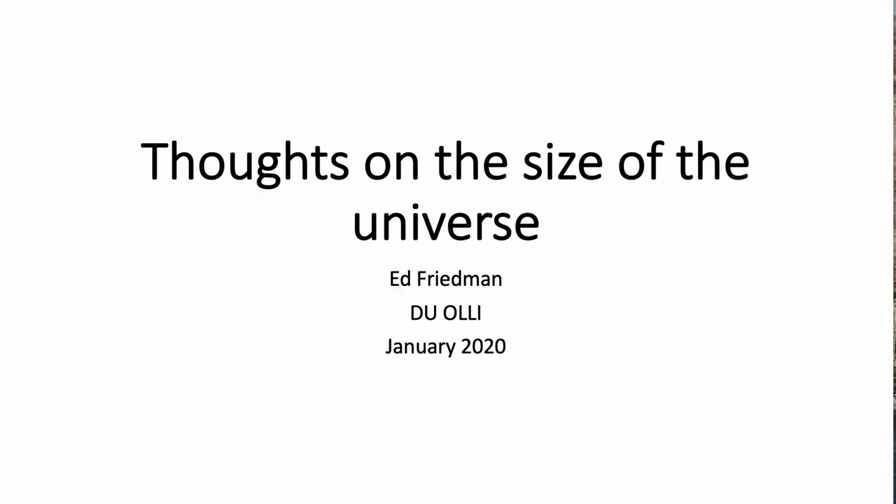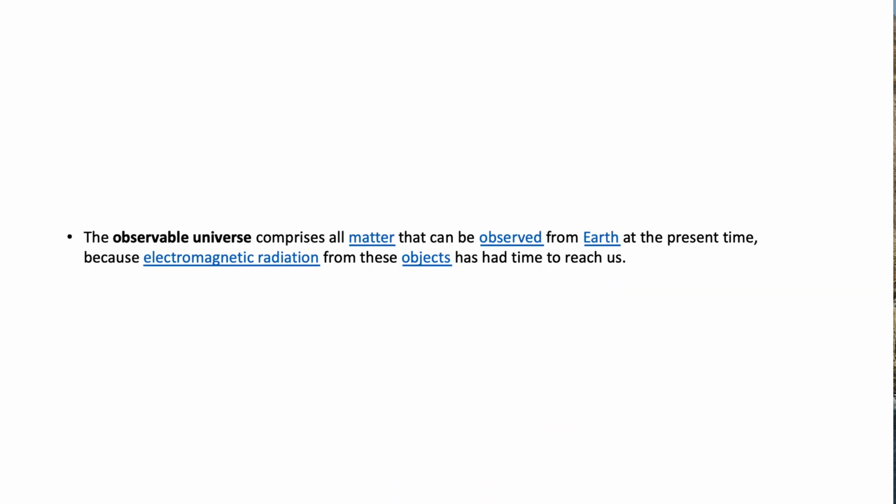Also, before we start, I want to talk to you about the size of the universe. I've had some questions since last time, and I want to clarify some things. The observable universe, a term frequently used by cosmologists, is all the matter that can be observed here now, because light was emitted by objects sometime in the past, and there's been enough time for that light to propagate across the universe and find its way to the telescopes that we build.